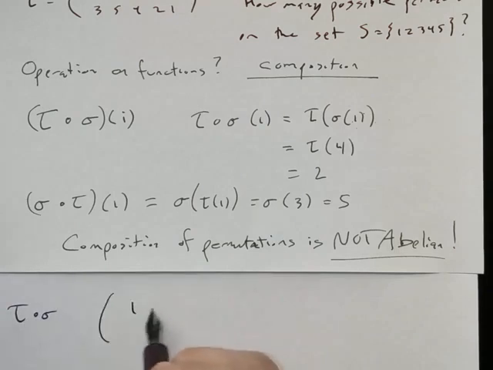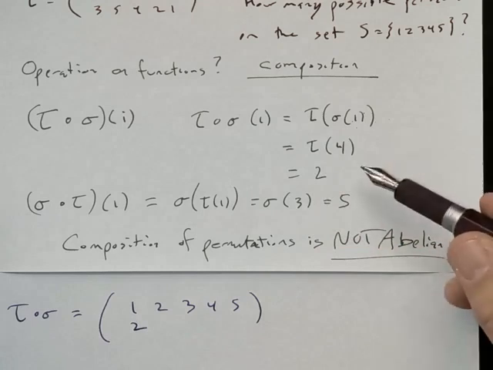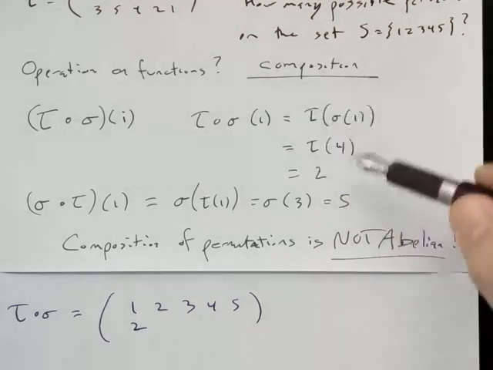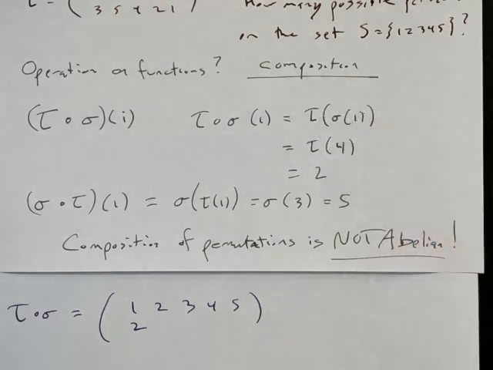And write that like this. Well, we already know tau of sigma of 1 is 2. That's what we did right here. So we have to do this 4 more times for the numbers 2, 3, 4, and 5, yes?